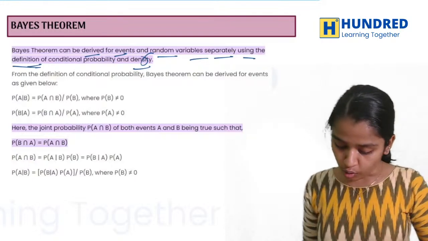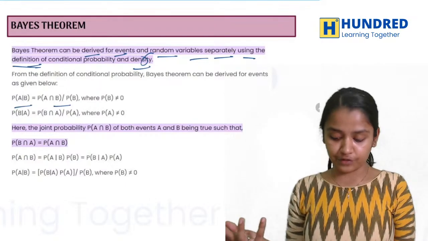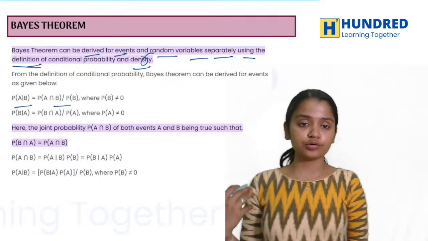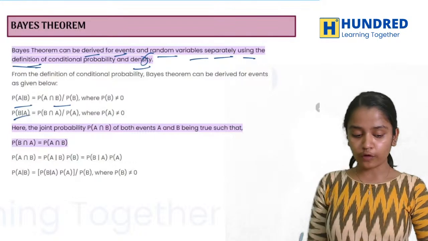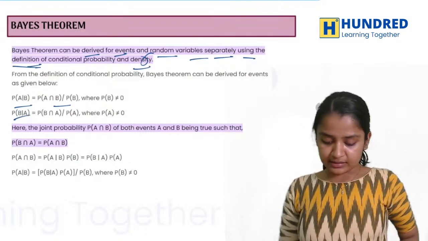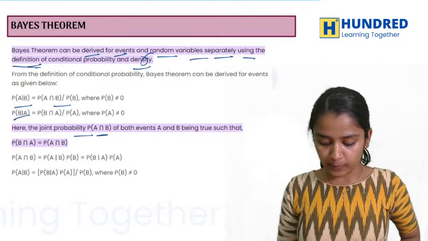So you know the definitions, basically the formulas for the conditional probability, the formulas with given A and given B, 2 formulas for conditional probability. Now what is this? This P of A intersection B is joint probability.